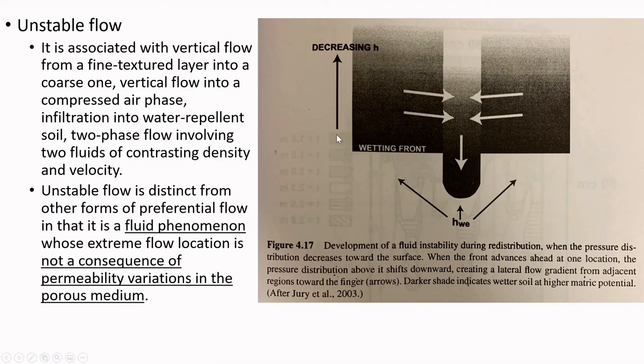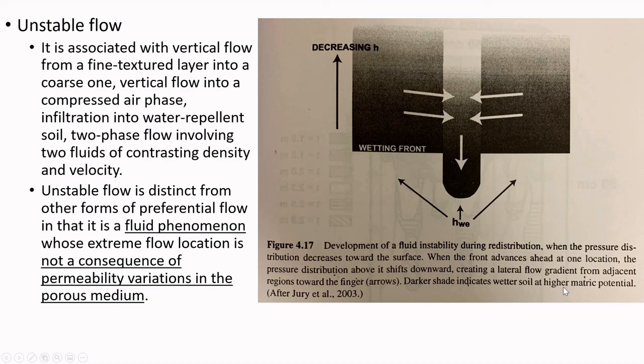Here the matric suction is not so high, but here the matric suction is very high, meaning a very negative value. Here is a less negative value. But when we talk about potential, here has more potential than over here, as I described. The darker shade indicates wetter soil.